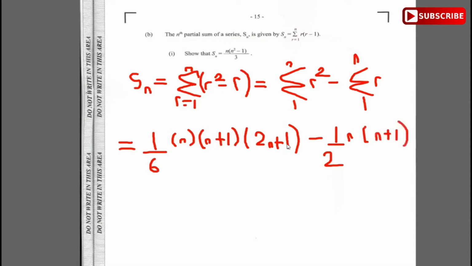All right. Now that we have this, what can we do? Well, we can factor out, let me see. I'm going to rewrite a half as 3 divided by 6, just for now. It's going to make it easy to factorize.